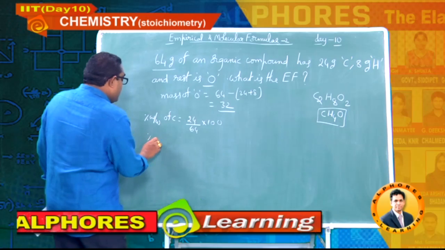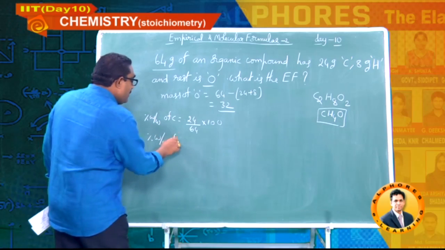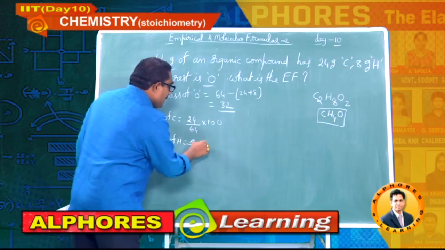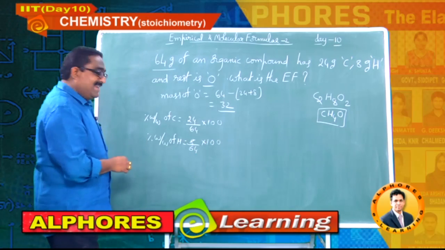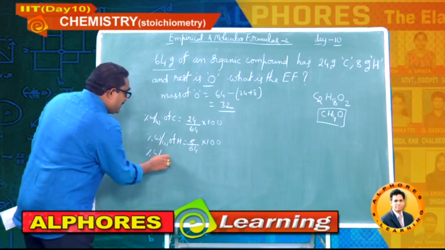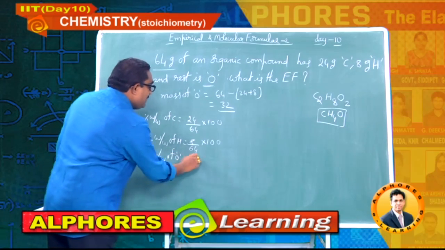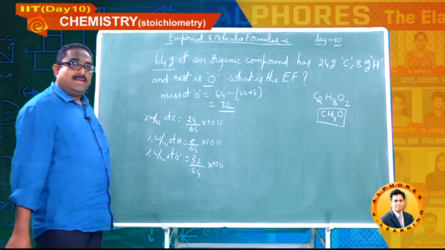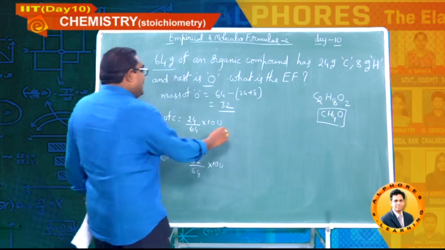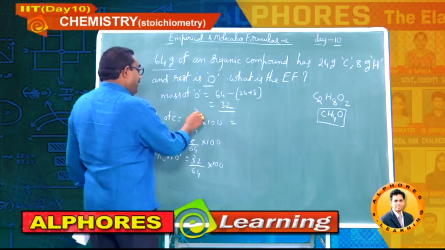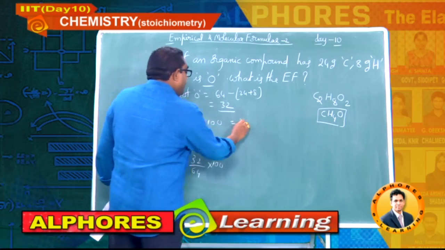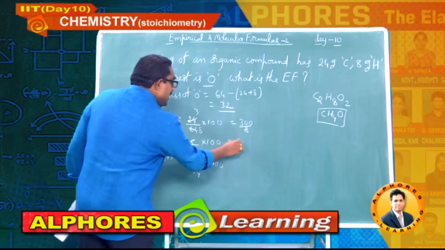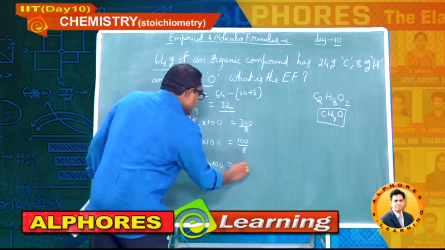Next, mass percent of hydrogen: 8 grams out of 64 into 100. Similarly, mass percent of oxygen, remaining mass 32 by 64 into 100. See what will happen? 3 eights, 8 eights, that is 300 by 8. Leave it, no problem. 100 by 8. This is 50.